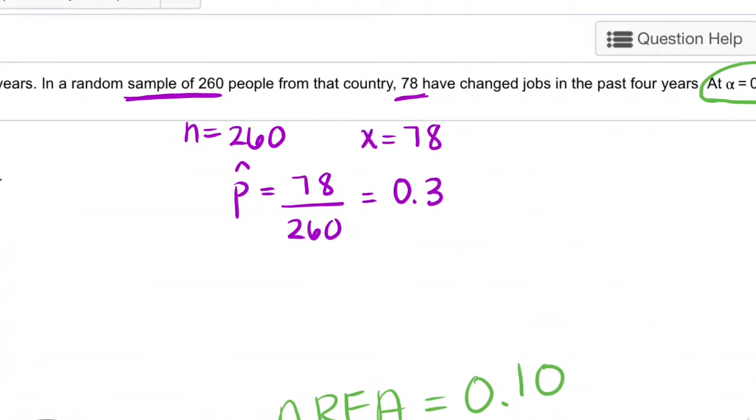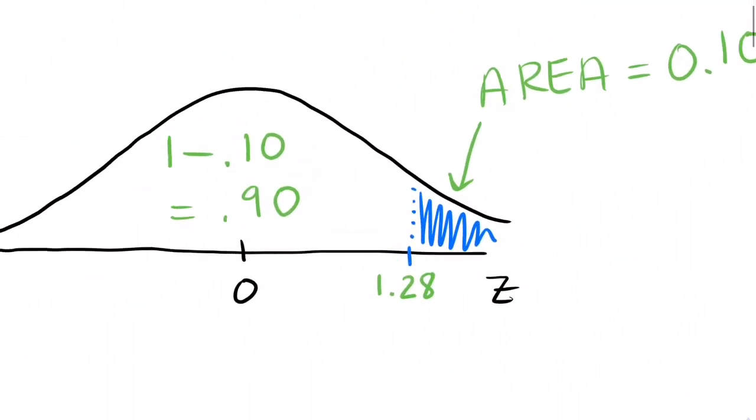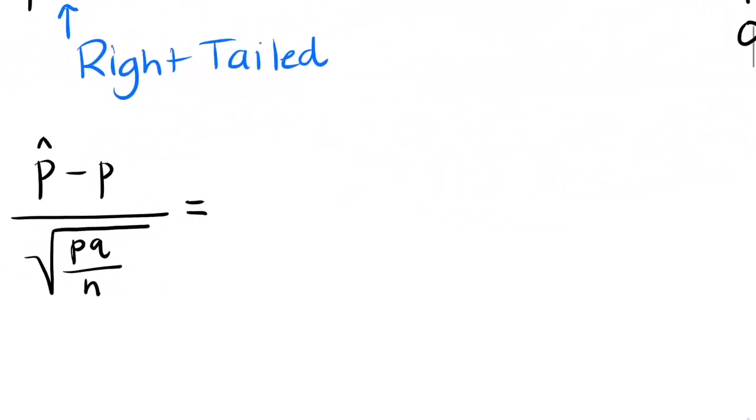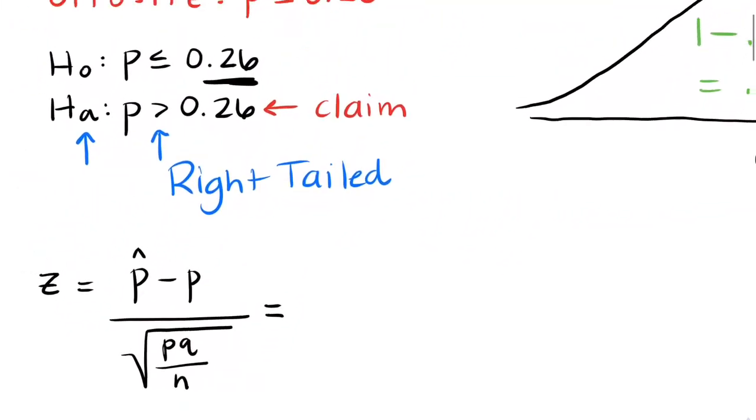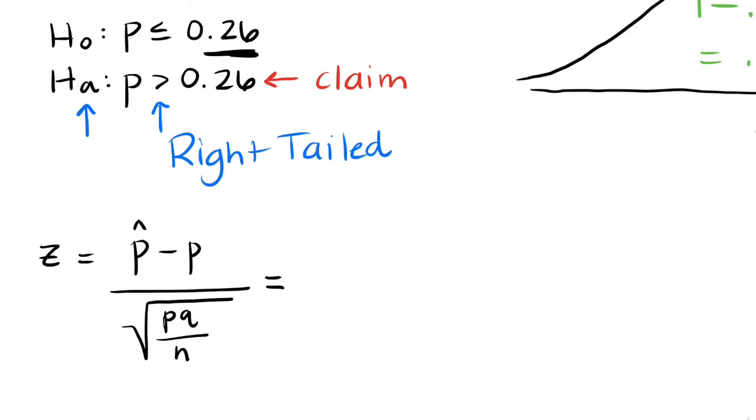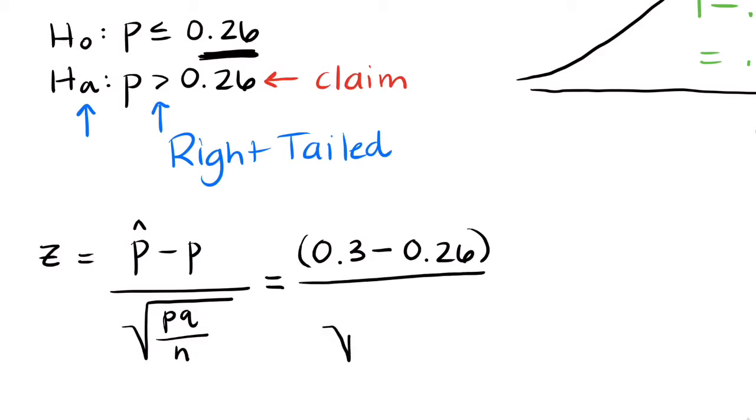So what I'm going to do now is bring that point estimate for p hat and plug that into my formula for the standardized test statistic. So that was 0.3. Now for p, I'm going to use the value that I'm testing, the value from the null hypothesis, which is 0.26. And then I'm going to divide this by the standard error. Notice this is p, not p hat.